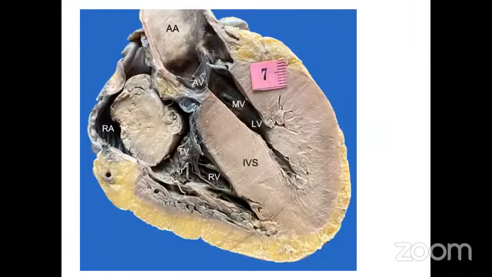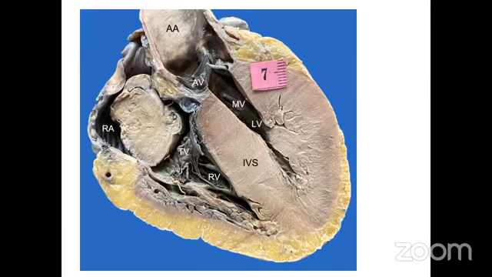Now, apart from the SVC, we can also have thrombi which come from the inferior vena cava. When thrombi come from the inferior vena cava, it can actually be a thrombus, or sometimes, very importantly, it can be a tumor thrombus.